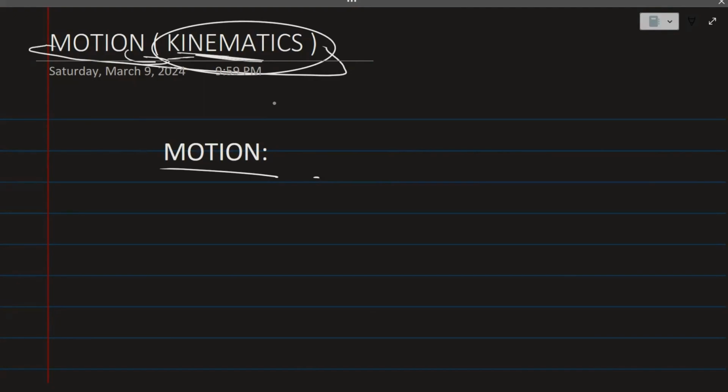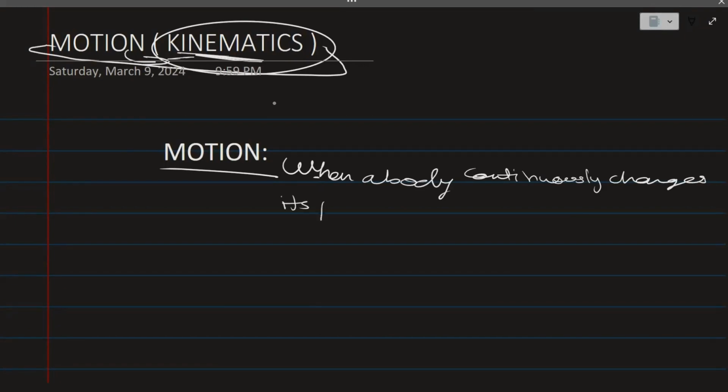What is the definition of motion? Basically, when a body continuously changes its position with respect to its surroundings, okay?